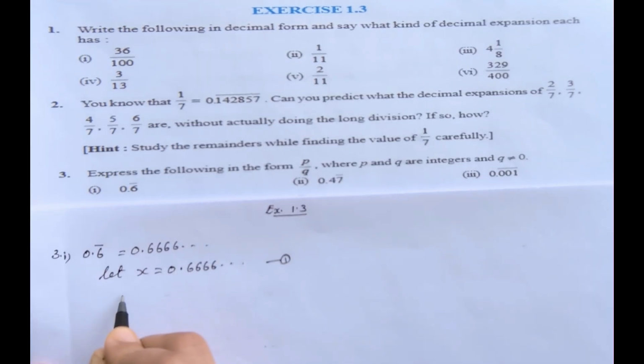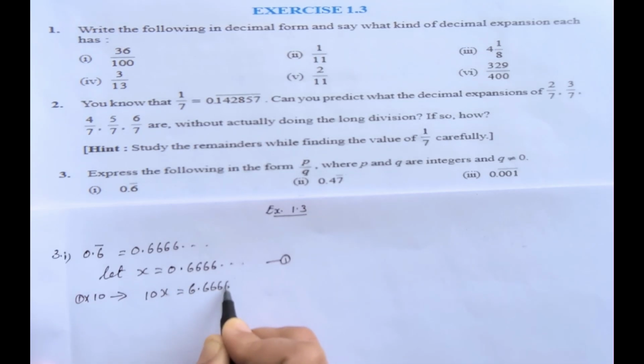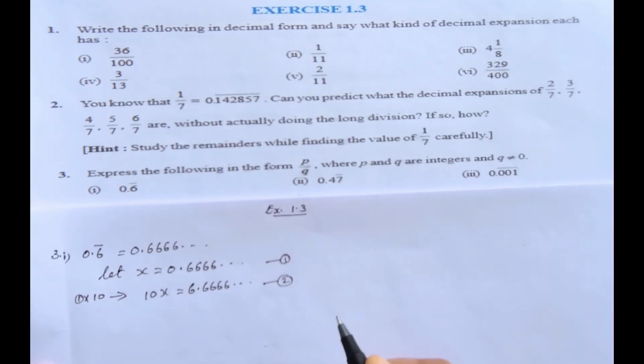Then multiply both sides by 10. Equation 1 into 10 gives 10x is equal to, on the right side, when you multiply, one digit comes to the left. That means 6.666..., again that 6 is going on. We can mark this equation number 2.